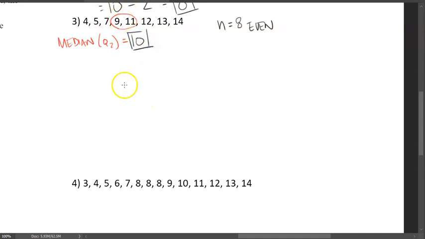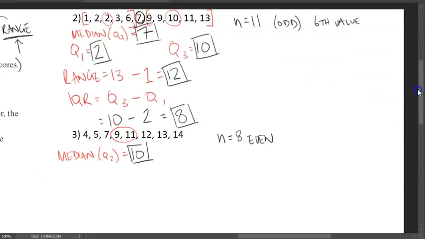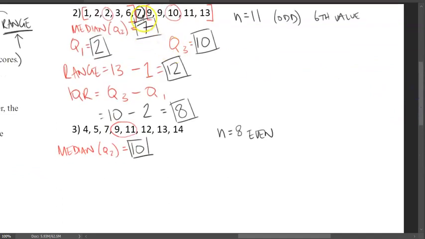Now, let's split this up to get our Q1 and Q3, and this is where one of the main differences lies between finding Q1 and Q3. When we found Q1 and Q3 when there was one middle value, we forgot about that middle value. We didn't consider it. That's why I've got these brackets just before it and just after it.